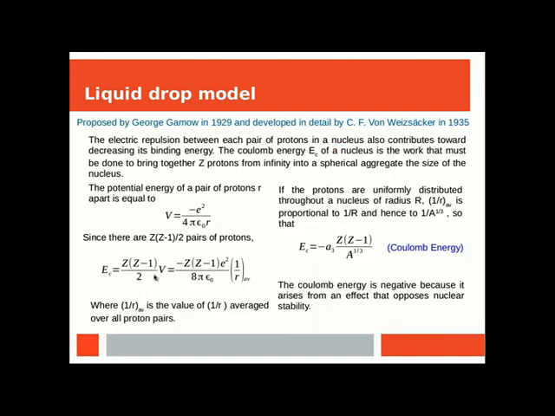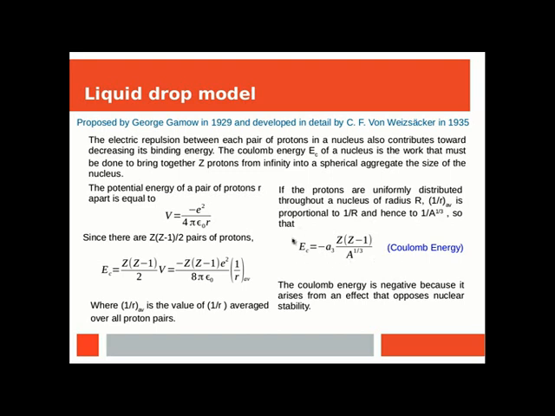The same thing will be done over here: we shall write this formula of Coulombic energy, the Coulomb energy which arises because of repulsion, in terms of mass number and atomic number, and A3 is the constant of proportionality for this energy.